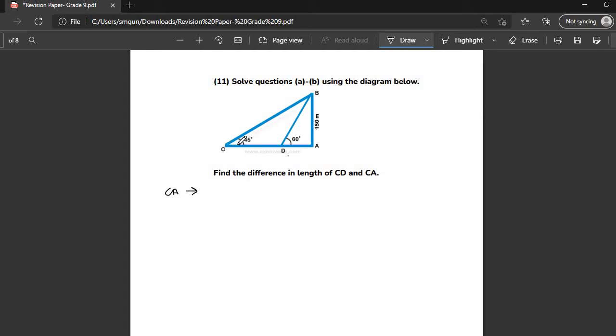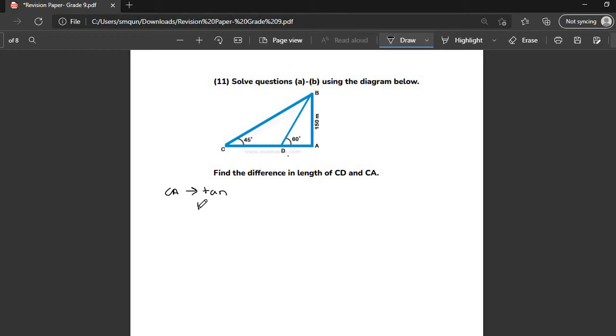CA would be this side, and the 150 centimeters would be here. Now, this side would be our opposite side because the angle is here and this side is opposite from the angle. CA would be the adjacent side. So which trig ratio has the opposite and adjacent sides? That would be tangent. So we would have to use tan.